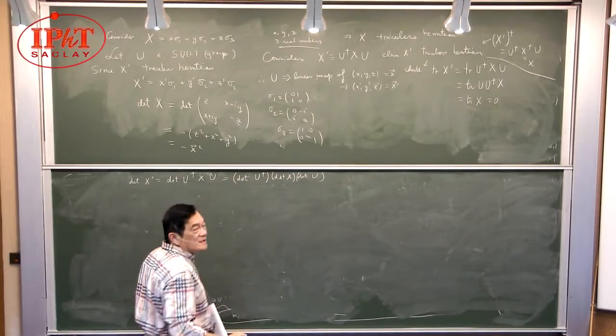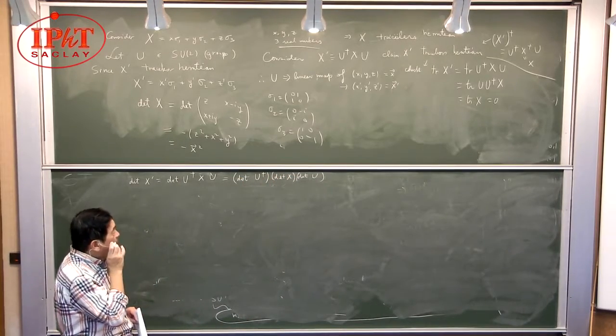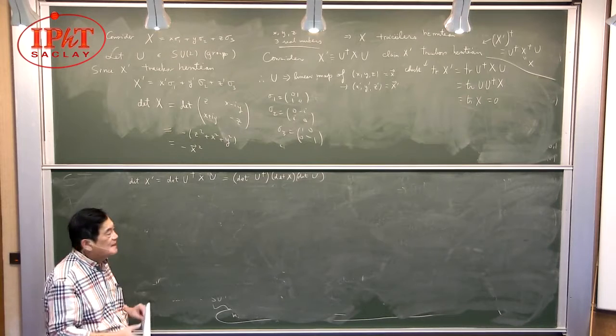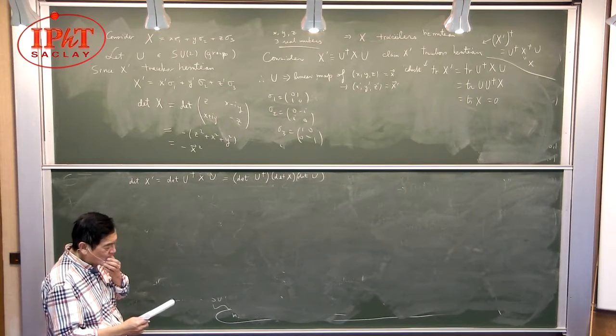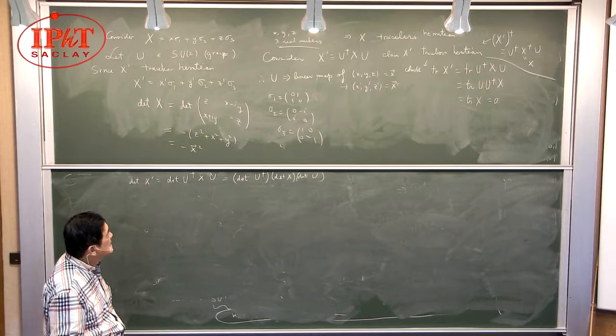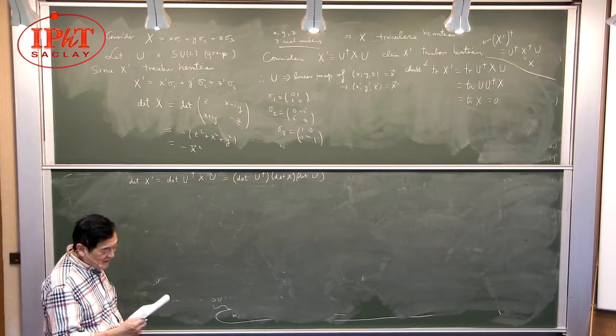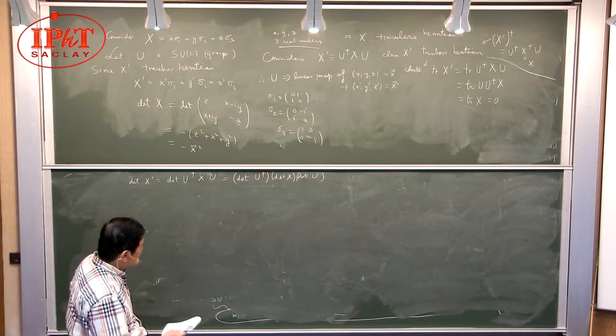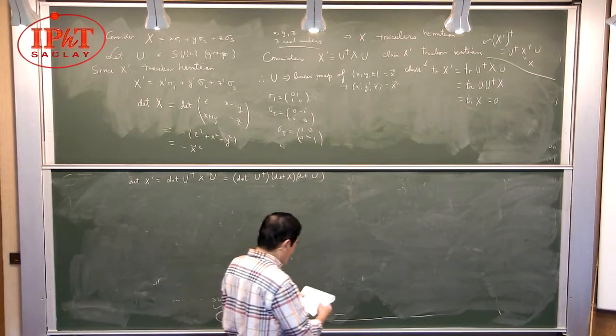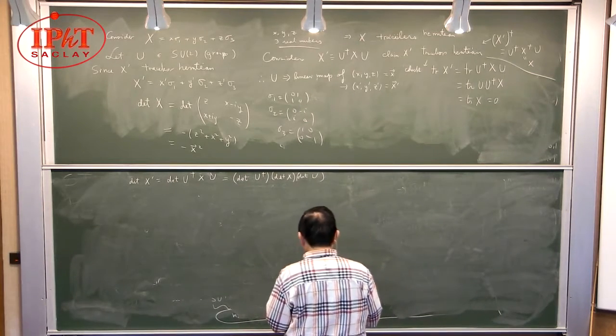Again, for the students, if you don't remember this fact, you should try to prove it. The determinant of a product of two matrices is the product of the determinants. It's one of the famous theorems in linear algebra. Also, not so easy to prove if you have never seen the proof before.